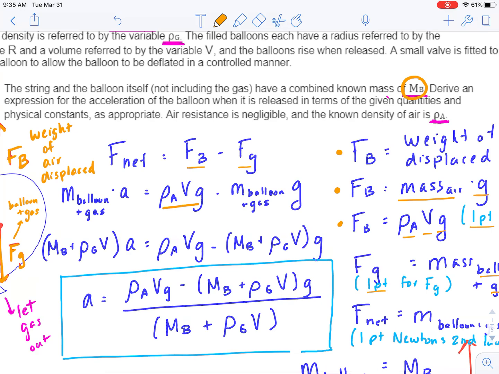So when I made my substitutions here for F net is equal to the mass times acceleration. Well, the mass is the mass of the balloon, which is MB, that's the balloon, plus the mass of the gas inside the balloon. The mass of the gas inside the balloon is the density of the gas times the volume.